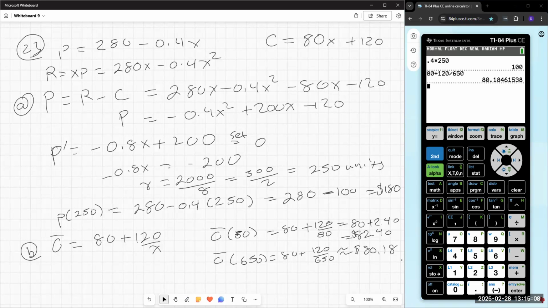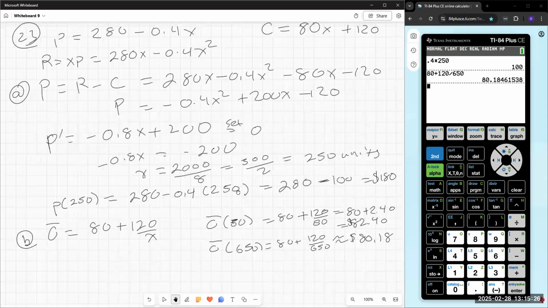Part C is going to ask us to determine when the demand is elastic and unit elastic. So let's go ahead and give myself some space here for that.